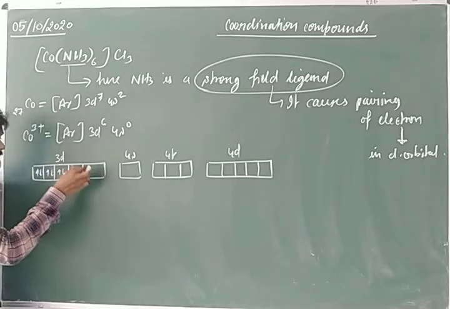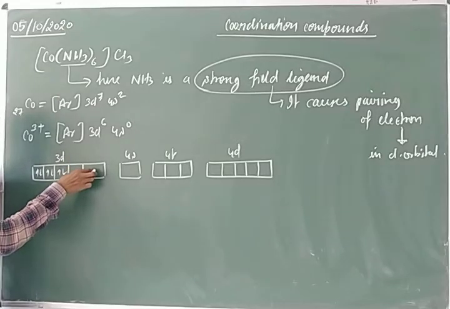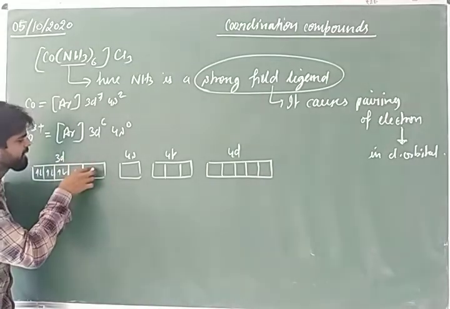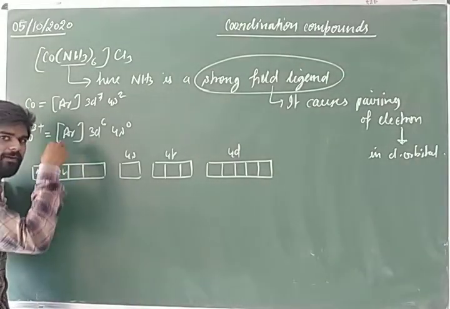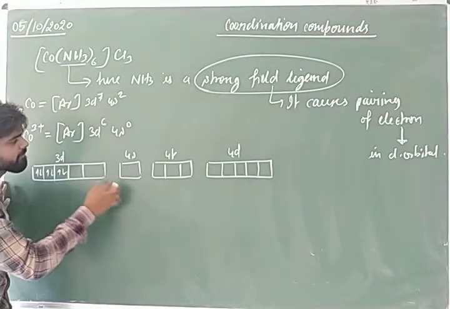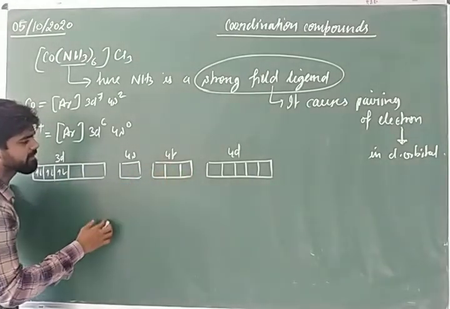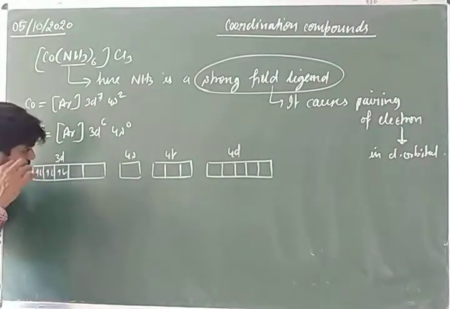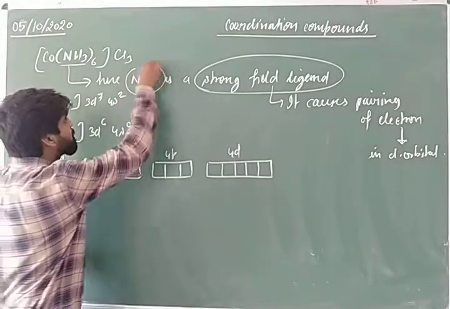These two orbitals are left vacant. These two orbitals mix with the 4s and 4p orbitals and form the octahedral geometry. How so? As you see here, NH3 is a monodentate ligand.